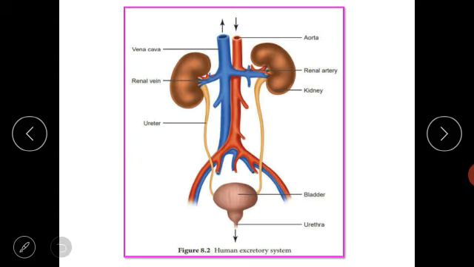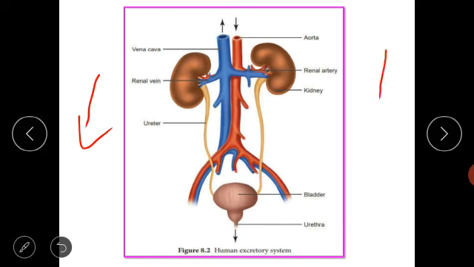This is the excretory system of the human being. Let me tell you the parts of the excretory system. These are a pair of kidneys on either side of the backbone, left and right. You can see one kidney is quite lower in position than the other.